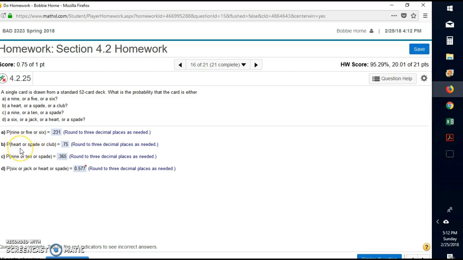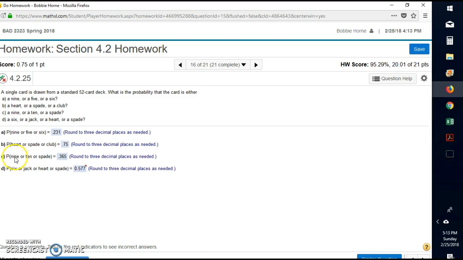It cannot be the same card. With hearts, spades, and clubs, you have 13 of each. So 13 out of 52 simplifies to 1/4. So 1/4 plus 1/4 plus 1/4 would be 3/4, which is 0.75.